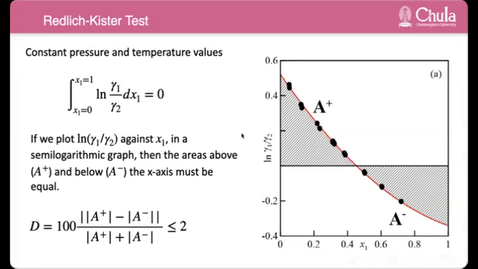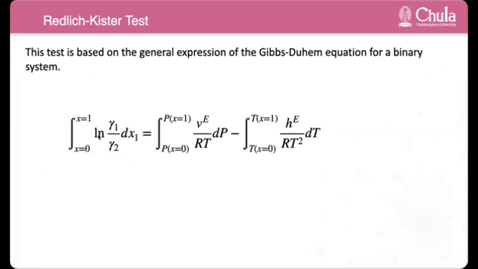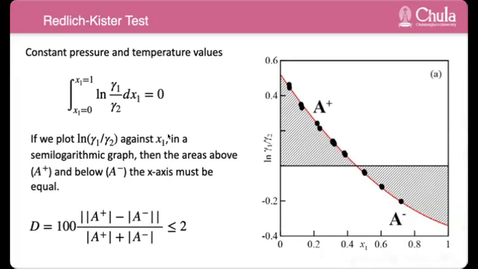You find the area here and this area here. Okay. We plot log(gamma 1 over gamma 2) like this against x1. Okay. In a semi-logarithmic graph, because this one is log, this x-axis is not log. It's x1. The area above, we call it A plus, and the area below, we call it A minus, okay?